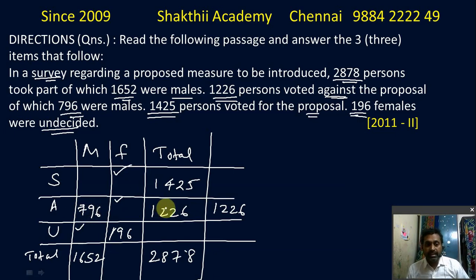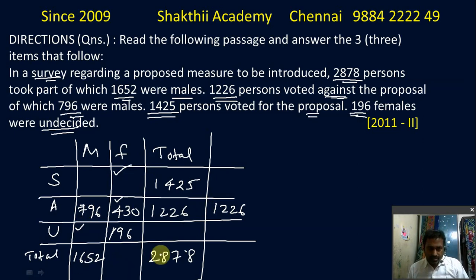So 1,200 minus 800 will be 400. Along with this, the remaining 26, add 4, that becomes 30. So this part is 430. When you take the difference, you will get 430. So we have answered one question. Now I need to answer this and this question.